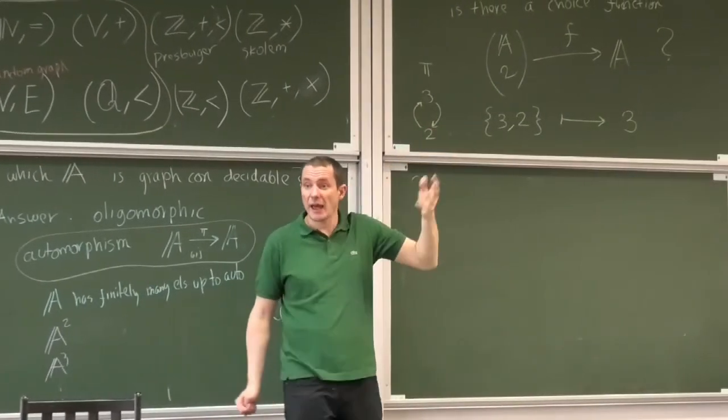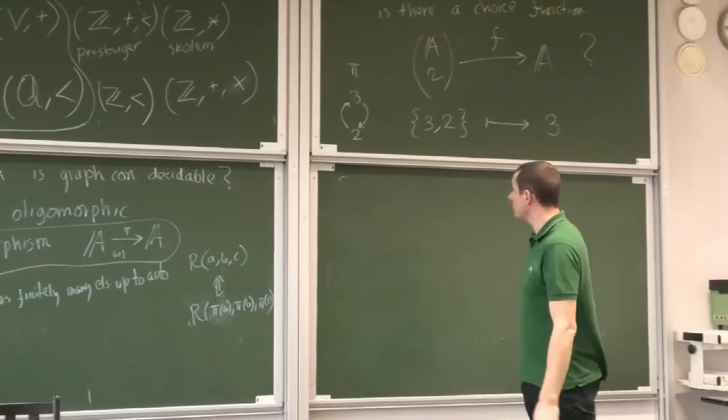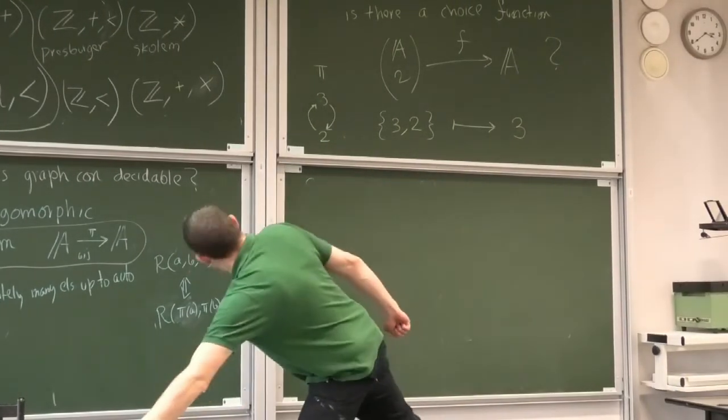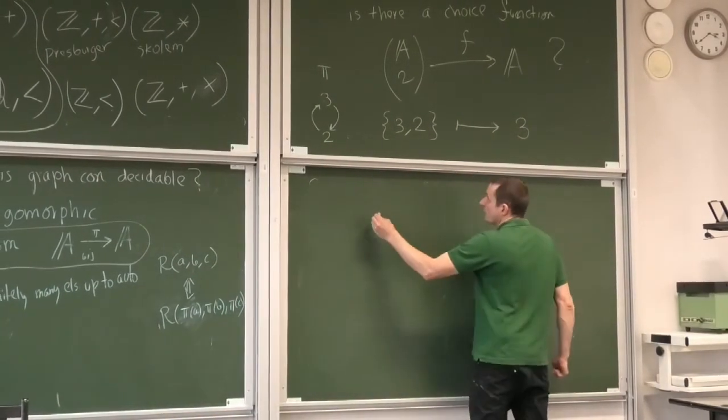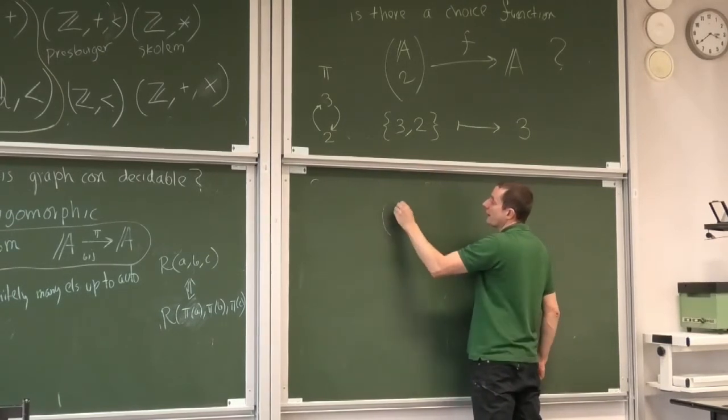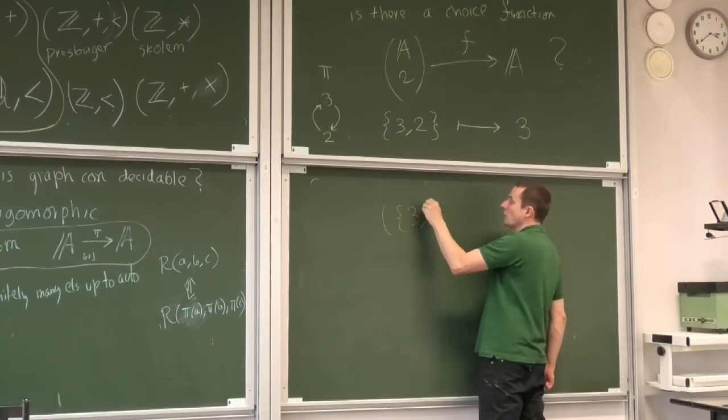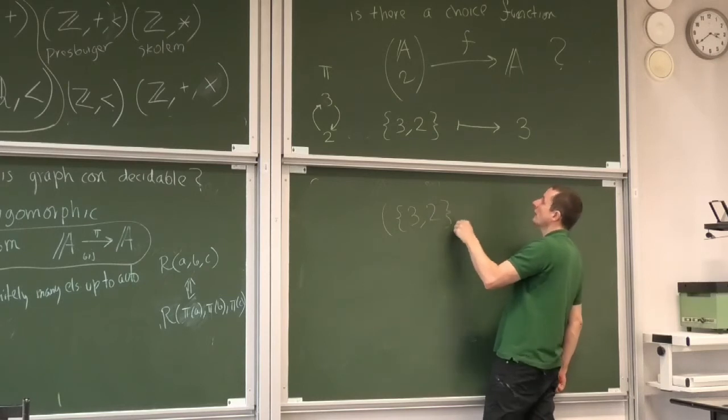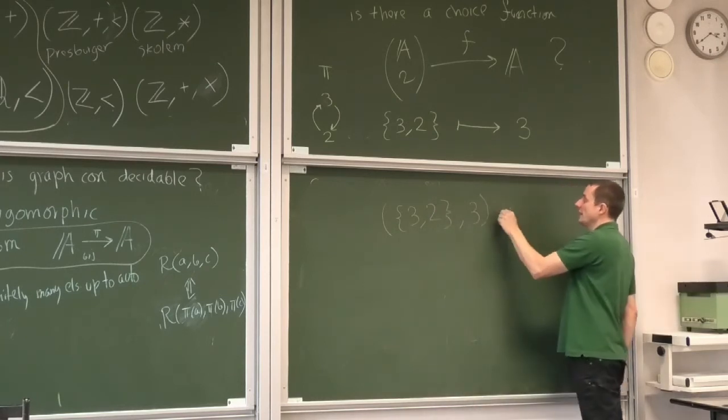Because now we say I take a hypothetical choice function, then formally speaking, this means that the pair 3, 2, 3 is in the function.